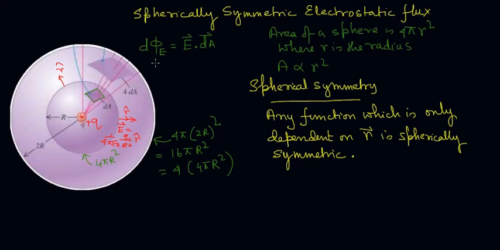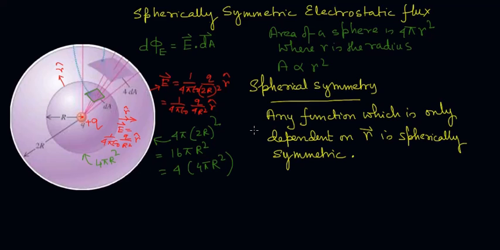Now what will be the electric field here? Can you tell me? Is it large or is it small? Smaller than this. How much smaller? It falls by 1 over r square. Why? Because of Coulomb's law. So the electric field E here will be 1 by 4 pi epsilon 0 q by twice r whole square times r cap. So that is 1 by 4 pi epsilon 0 q by 4 r square r cap.